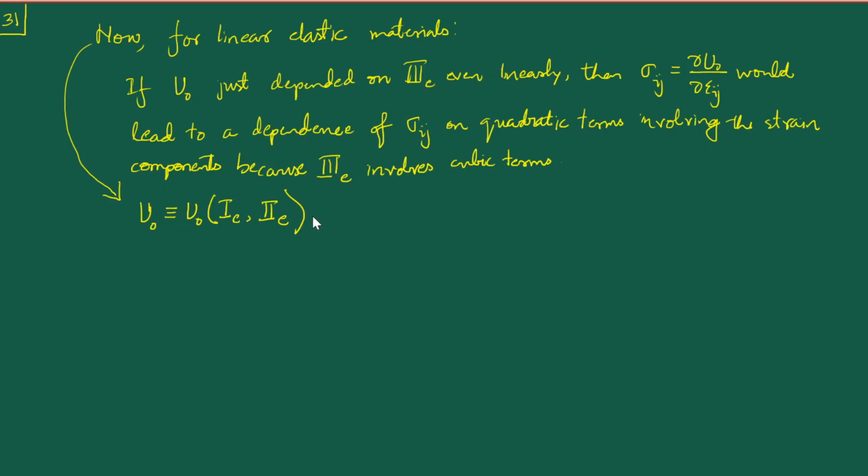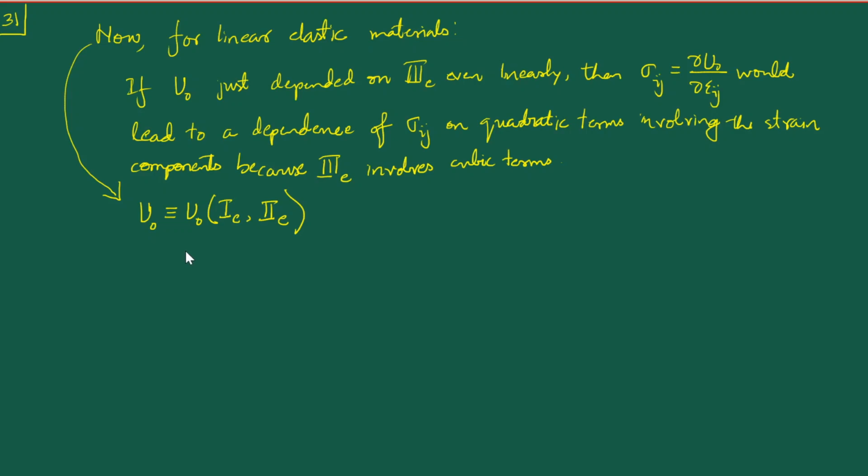Next, let us consider I1E, that is the first strain invariant. Again, you consider that u naught depends on I1E. Suppose u naught indeed were to depend on I1E linearly, this is very important.